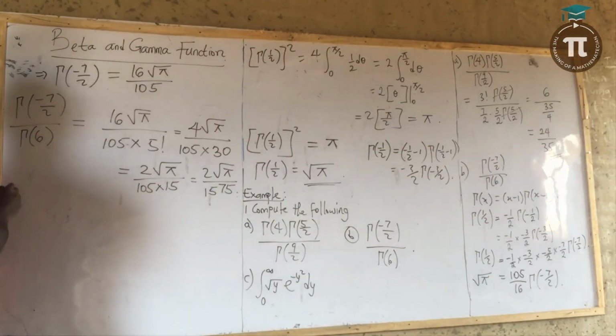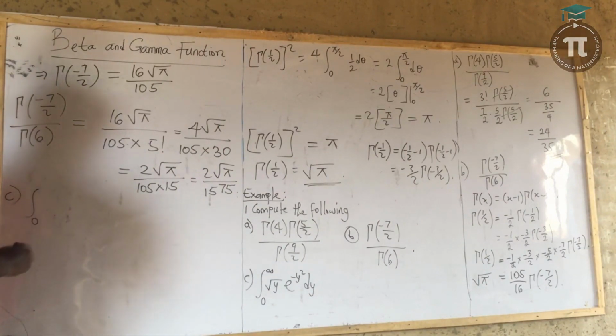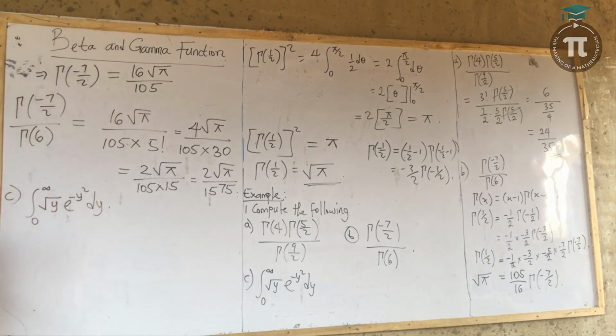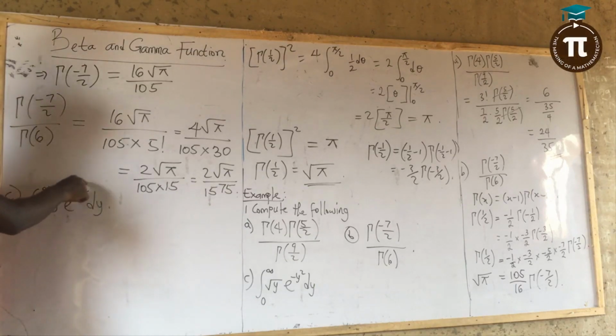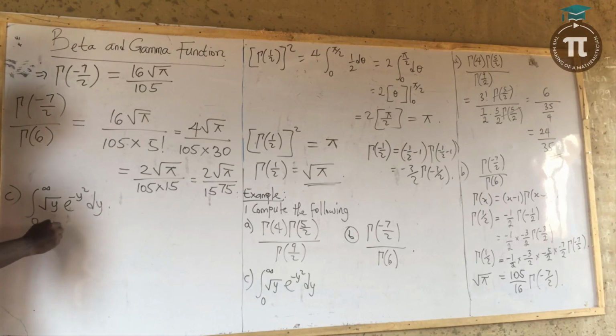So the third question, C, is saying integral from 0 to infinity of square root of y e raised to power minus y squared dy. Of course, don't forget how we normally approach this question.